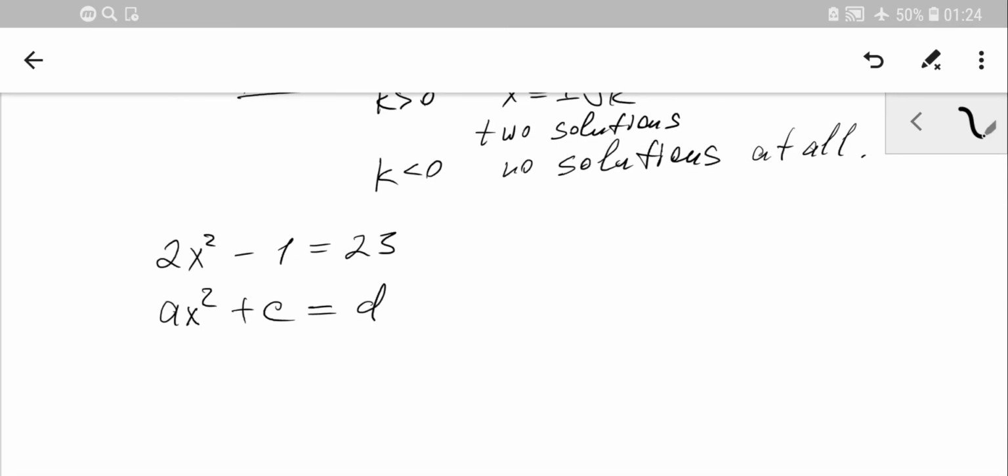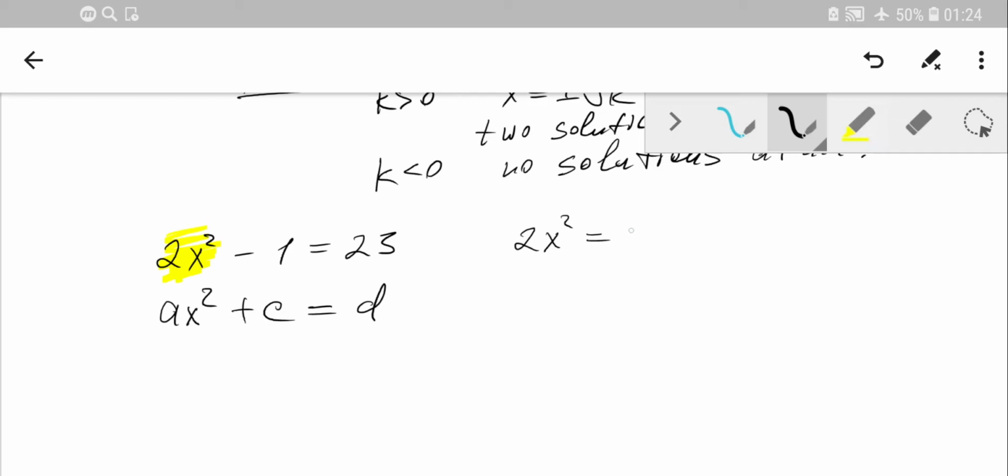Okay, so what we need to do. Normally the first step here is just to leave 2x squared on one side, as with the case of linear equations. So we'll get 2x squared equals 23 plus 1. So in other words, 2x squared is 24. Then we simplify further and we'll get x squared equals 12.